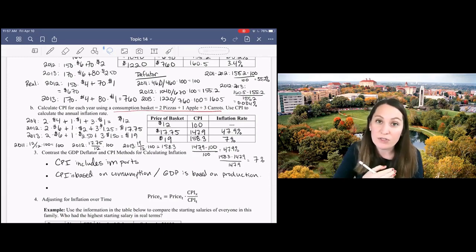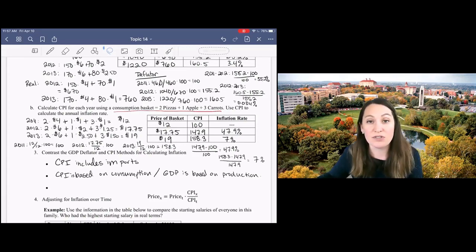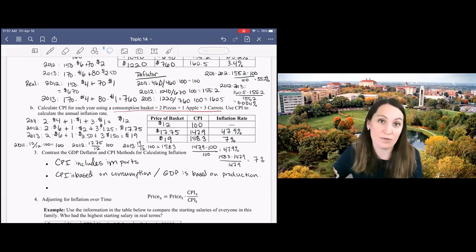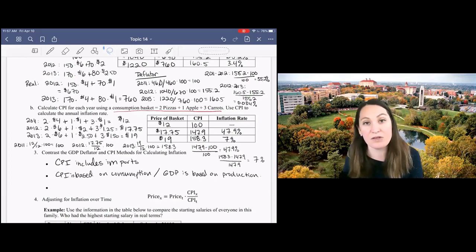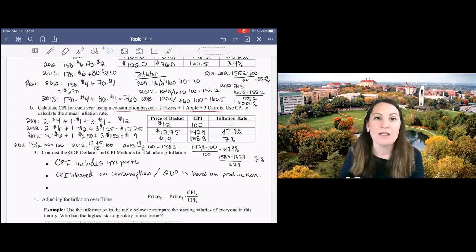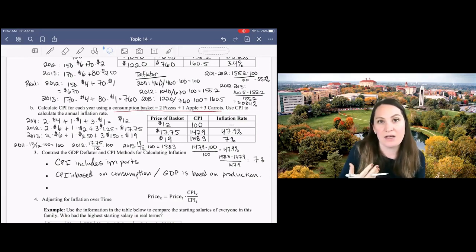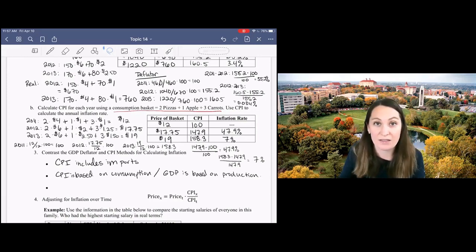There's also a producer price index, which looks at all of the goods that producers need in order to operate in the US. There's lots and lots of different price indexes. Each of those price indexes could be used to calculate inflation. The one you want to use depends on the question that you're trying to answer. Although in this class, I'll tell you which one to use.